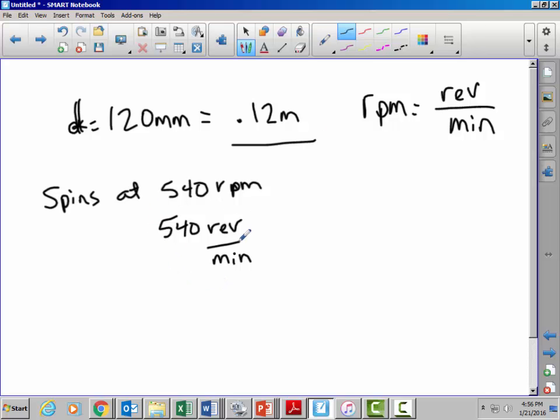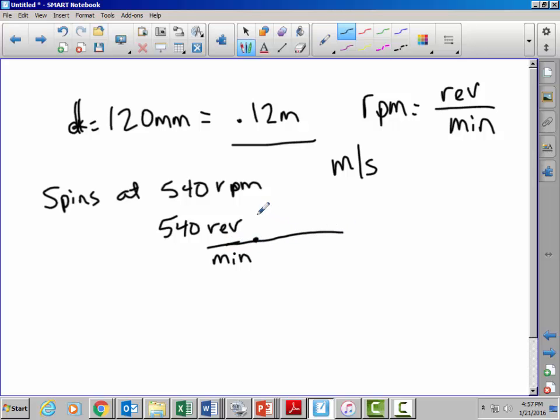That's really not going to work for us, right? So let's convert a revolution per minute to a meter per second. That's the unit that we want to get into. We're going to have to do that anyways for later on in the problem.